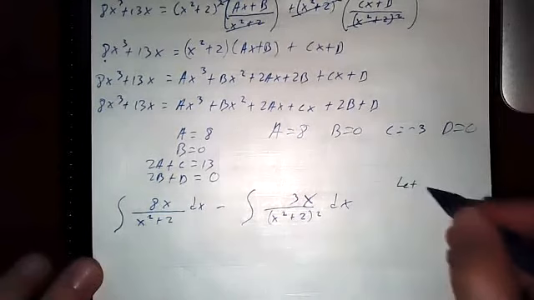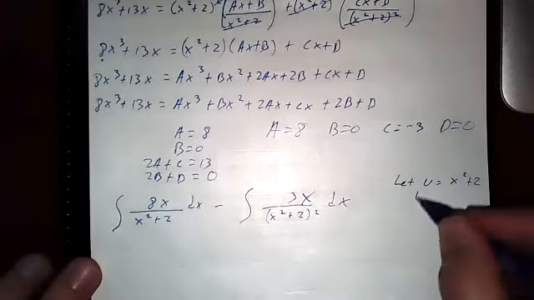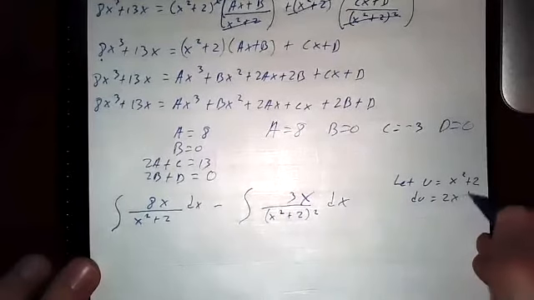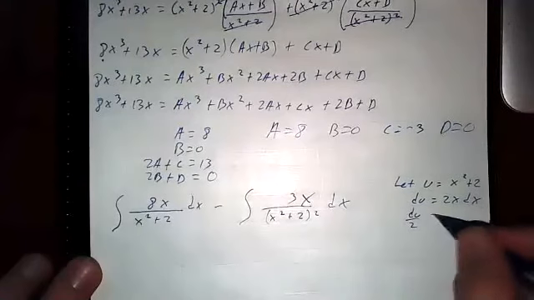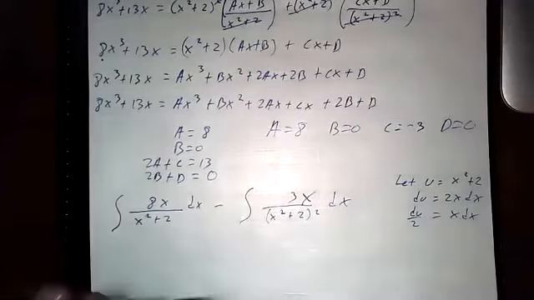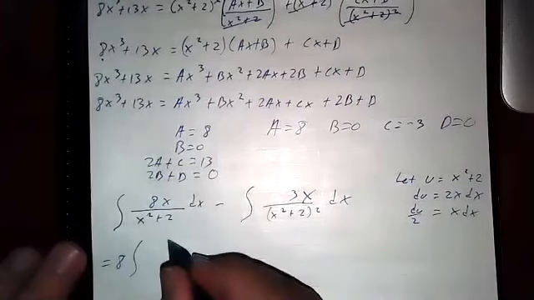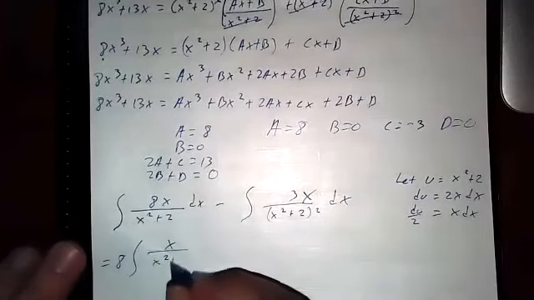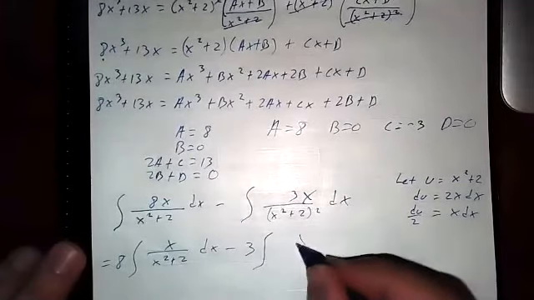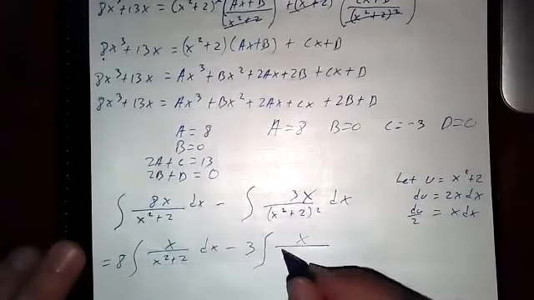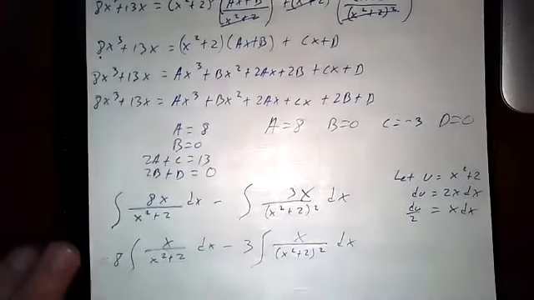So let u equal x squared plus 2. Du will be 2x dx, right? Du over 2 is equal to x dx. So if I were to rewrite this as the integral of 8x over x squared plus 2 dx minus 3 integral x over x squared plus 2 squared dx.